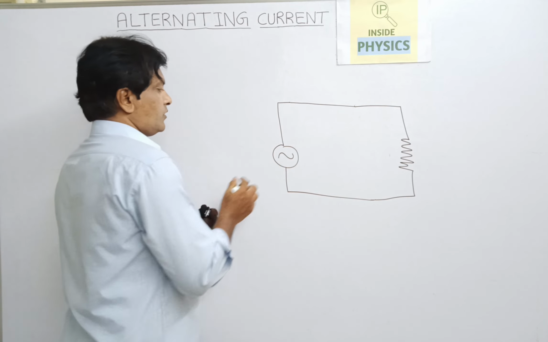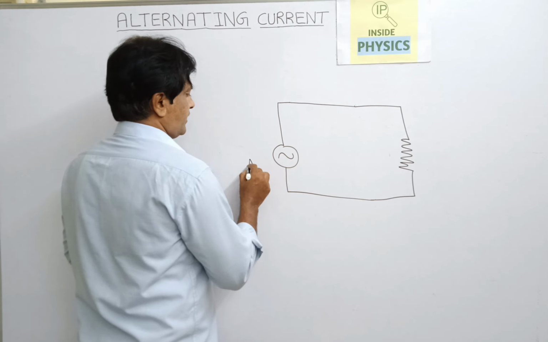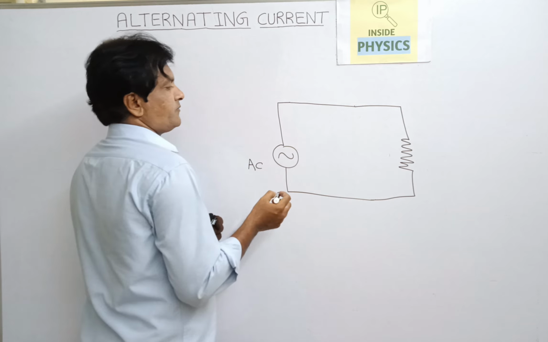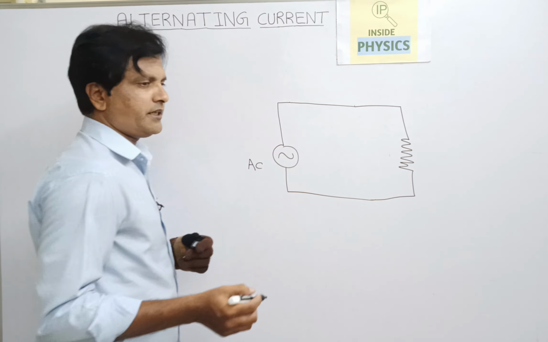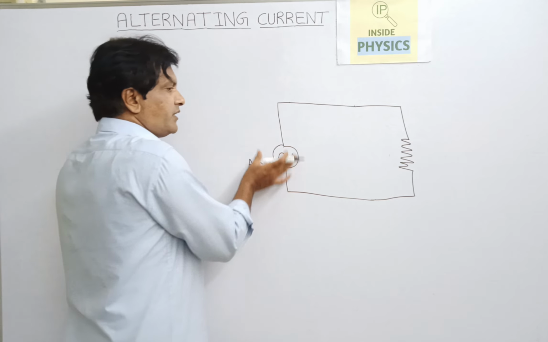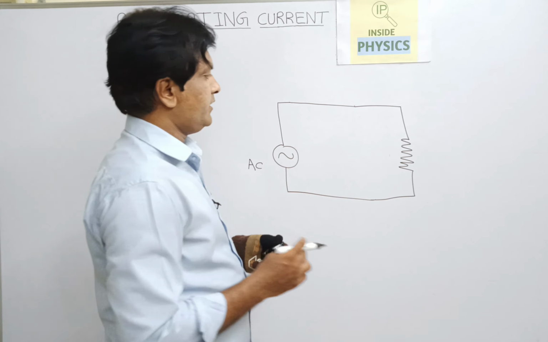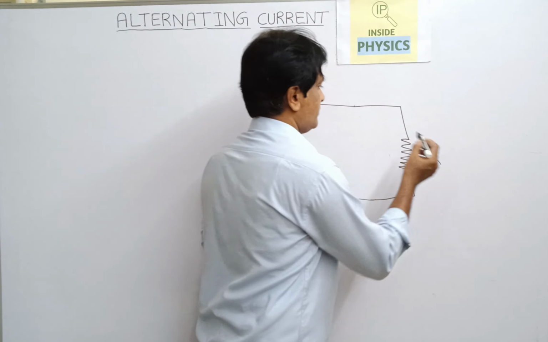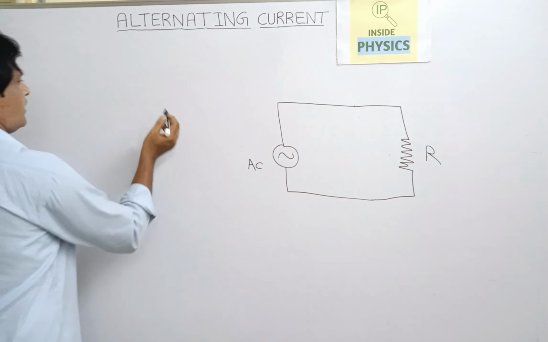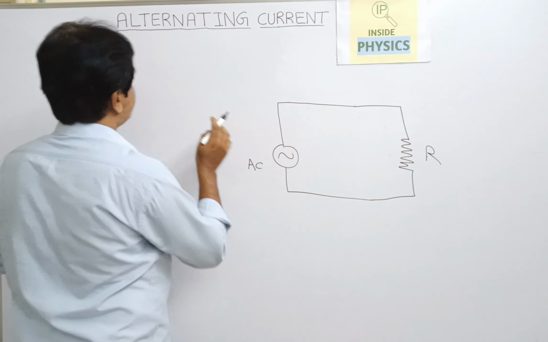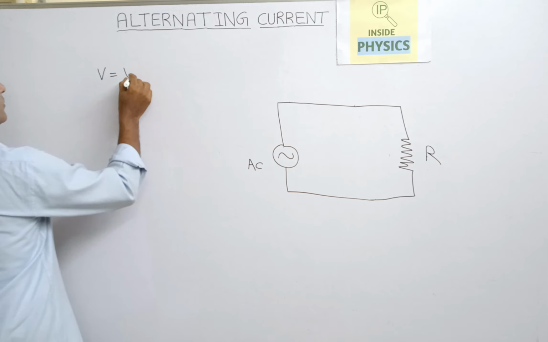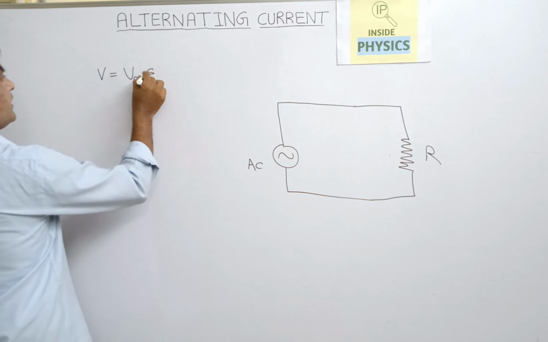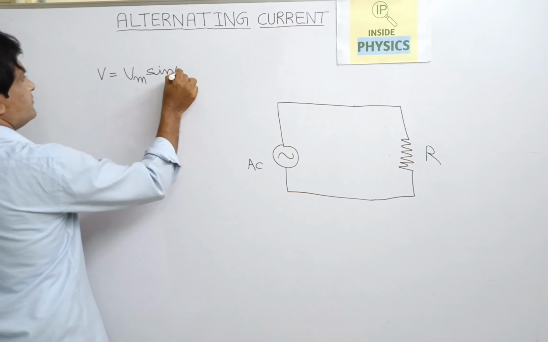The source of AC current is given like this, and here the potential difference across its terminals is varying sinusoidally. This is the resistor. So here the potential difference can be given by V = Vm sin ωt.